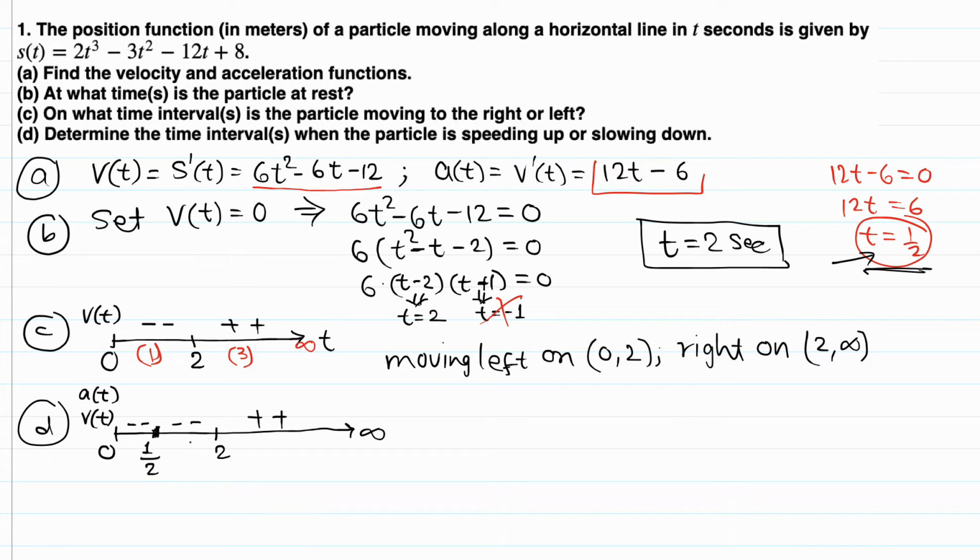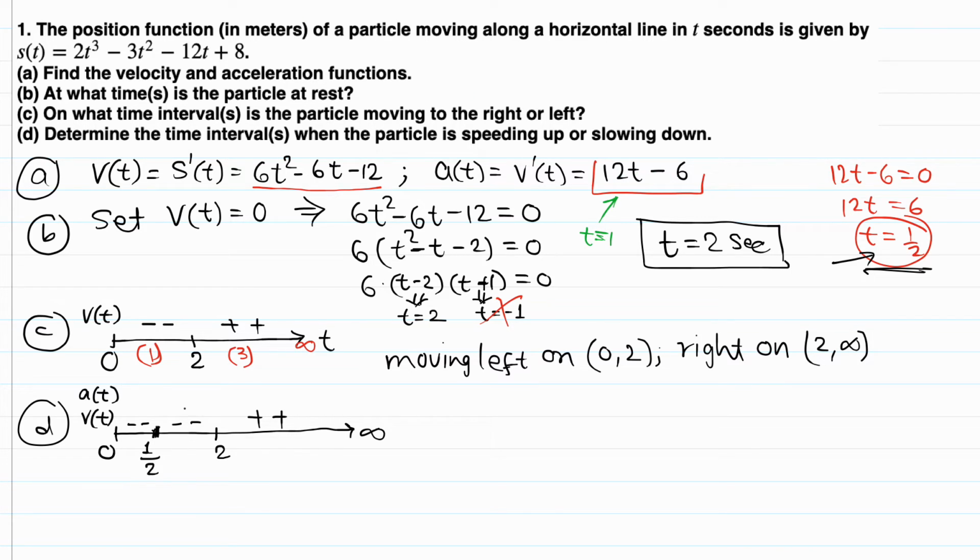Plug t equals 1 into acceleration: 12 times 1, 12 minus 6 is positive.